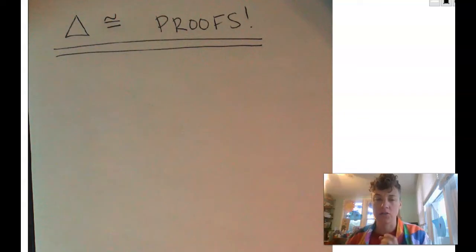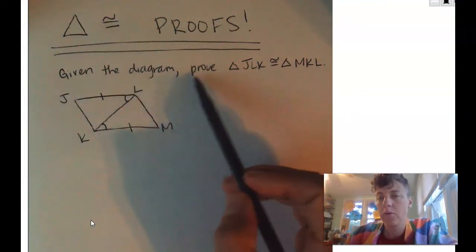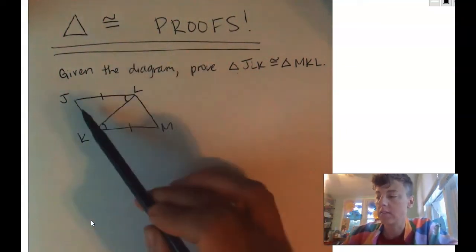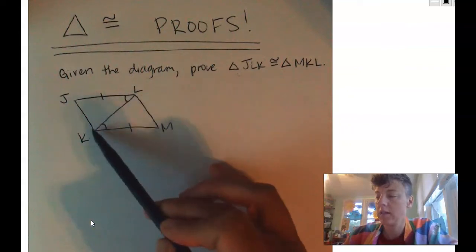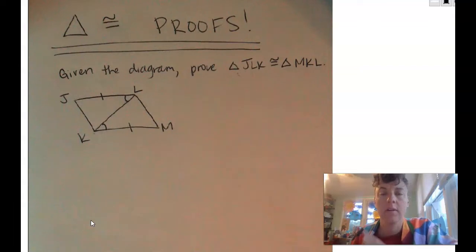All right, so let's just jump right in with an example. Here's our example. It says, given the diagram, prove that triangle JLK is congruent to triangle MKL. Okay, so let's think about this for a second.